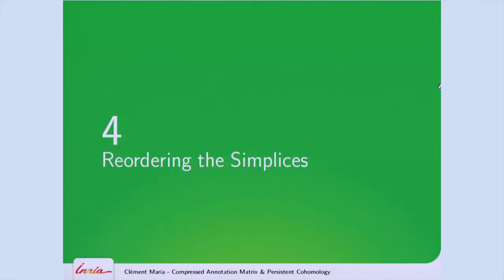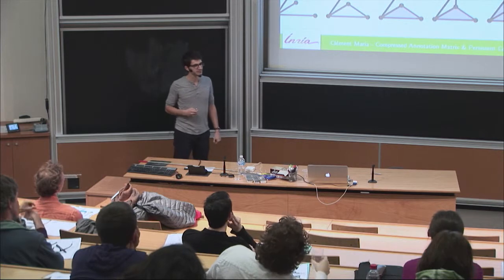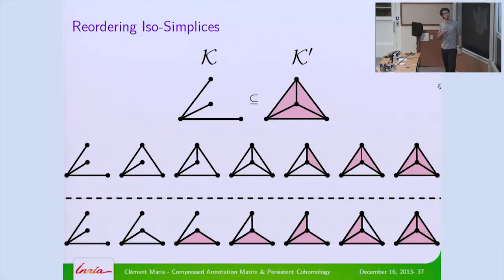So we also introduce a reordering heuristic for the simplicial complex, because sometimes when you have an inclusion from one simplicial complex to another simplicial complex, you have many faces appearing at the same time. So here you have an example. And here you have two suggestions for ordering your simplices. They are two possibilities.